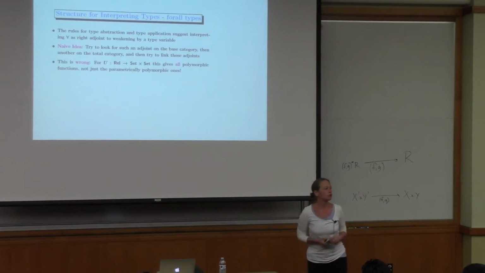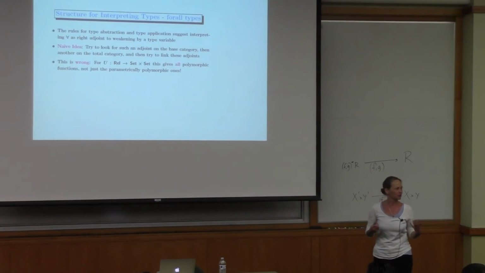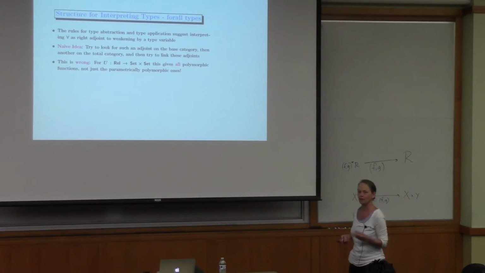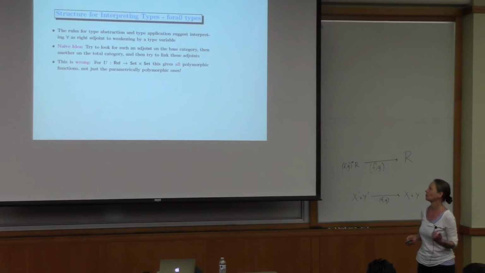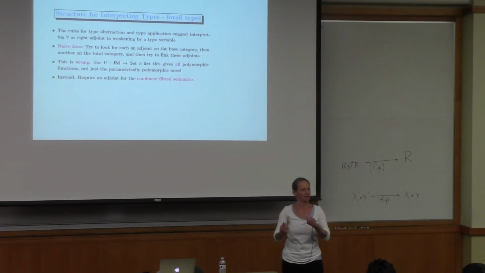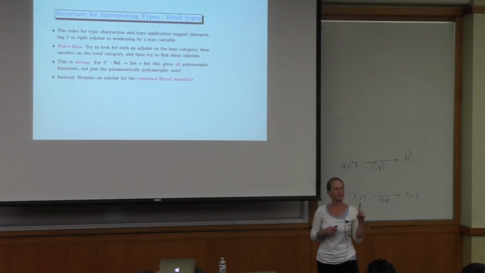Why? It actually gives you all the functions, all the morphisms. You're trying to make a parametric model, and you can't do it that way. So it's exactly the opposite of what we want to do. So here's what we're going to do instead. We're trying to make this like combined semantics. So we're just going to insist that we have one adjoint for the combined semantics, for the combined for all.